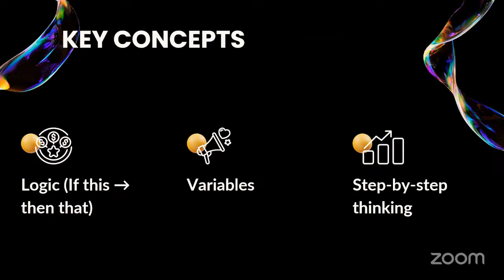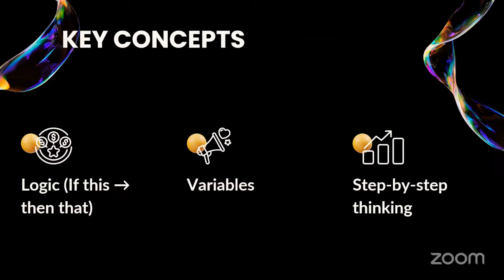So for example, with logic, we can have: if a file name contains interview, so it's more like an instruction telling your system or your code or whatever tool you're using what to do when something happens. For example, if a file contains the name interview in a bunch of files, then move it to the interview folder.